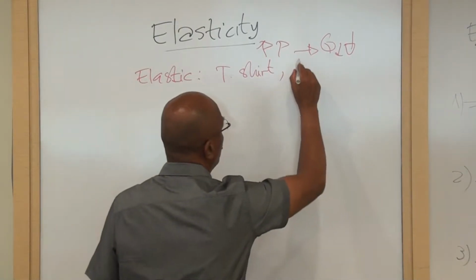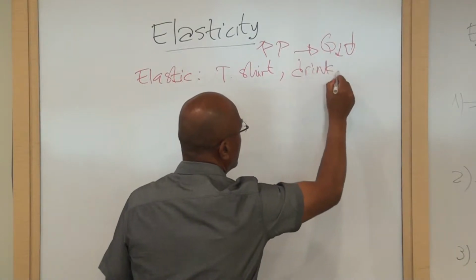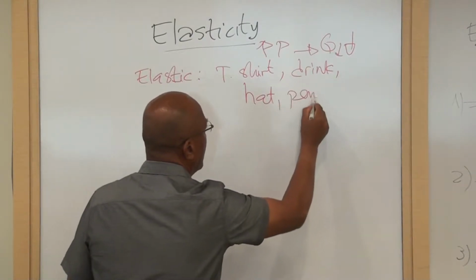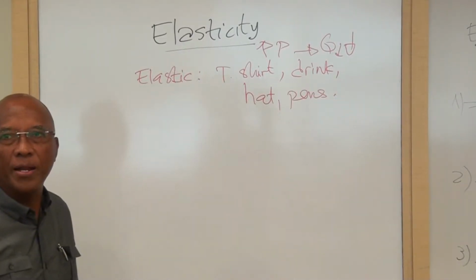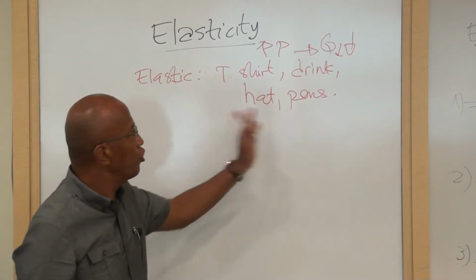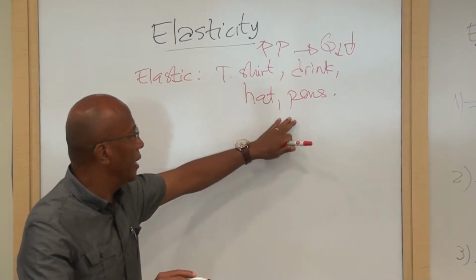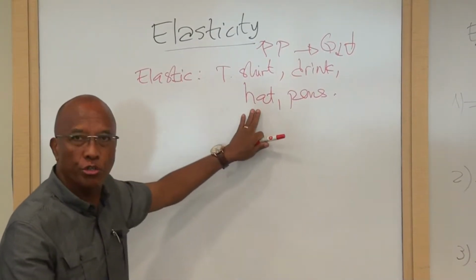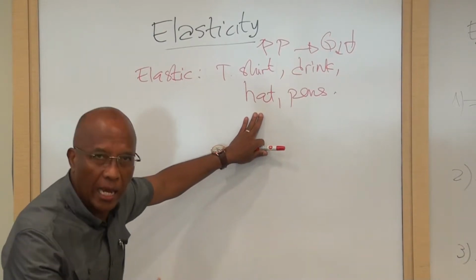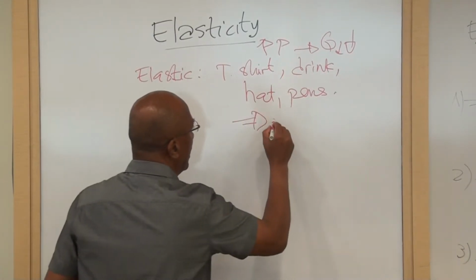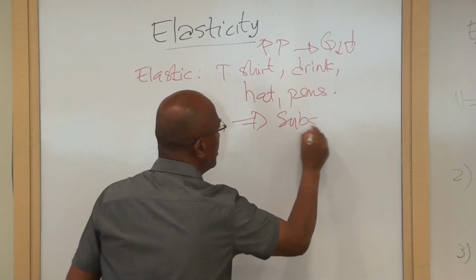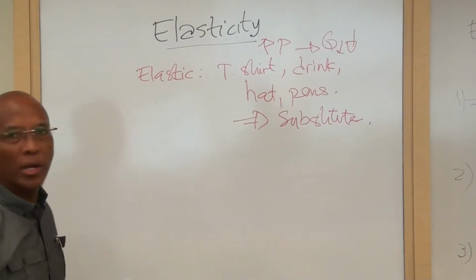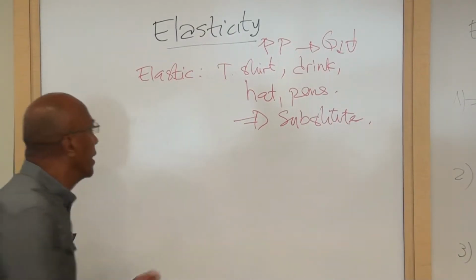Beverage, drink, hats, pens. There are a lot of examples on that one, which means that, as we will discuss in a later session on elasticity, the more substitutes a good has, the more elastic the demand curve will be.